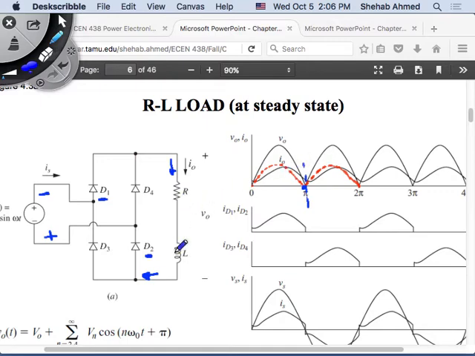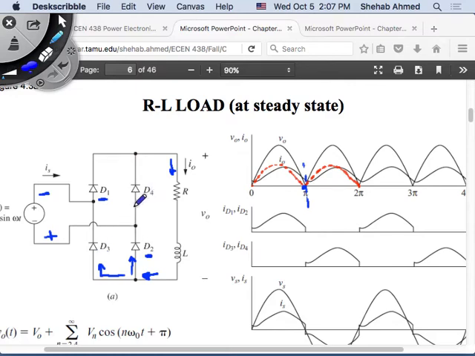If I have a resistive load, fine. As soon as the current falls to 0 in the negative half cycle, the diodes D3 and D4 have a more favorable condition. But now with the RL case, we have to think a little bit and make sure we're on the right track. With the RL case, the same thing is happening, like the freewheeling diode case. As soon as the negative half cycle arrives, the current that's flowing needs to decide: do I keep D1 and D2 on, or is it easier to make D3 and D4 on?